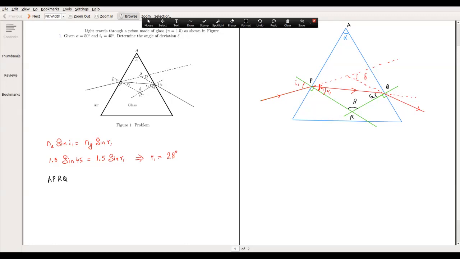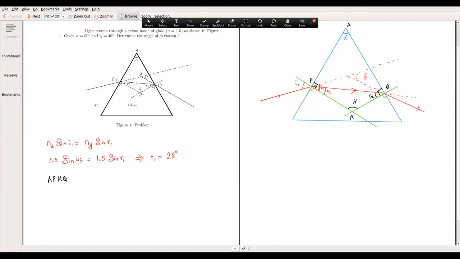So angle theta plus, what is this angle here? That's 90 degrees with respect to the green line. And the same thing works here. So that's 90 degrees because it's a normal line. Normal line makes 90 degrees.